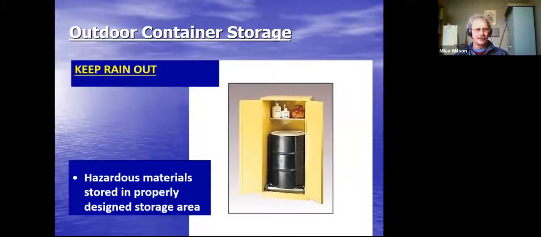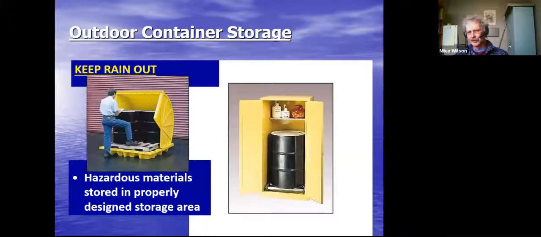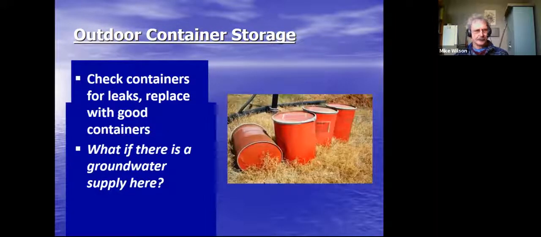They do make some nice temporary outdoor storage systems that you can buy, and these are just a couple examples of some of them. You want to check your containers for leaks and replace those containers with good containers if nearby.